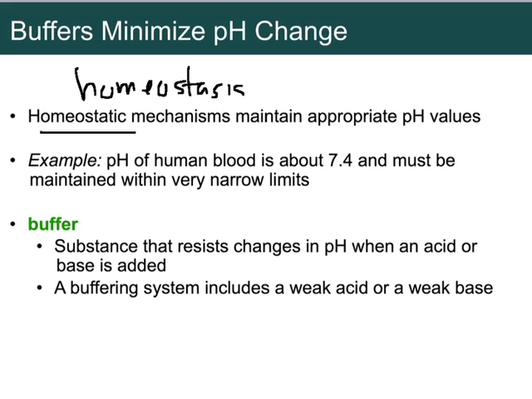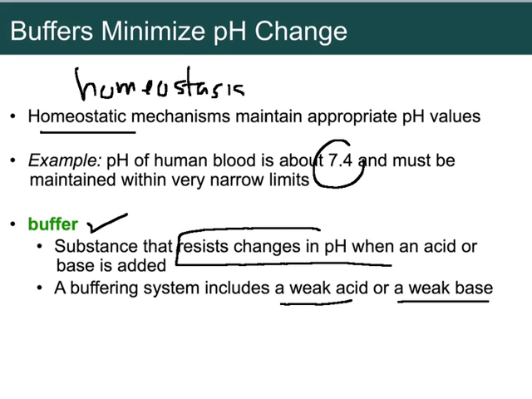In this case, it's the pH of our blood at about 7.4, and it does that by using things called buffers, which are a system. It's an acid and a base, but a very weak acid and a very weak base put together. The important part for you to remember is that a buffer is something that resists change in pH when an acid or a base is added to it. That's the important part for you guys.